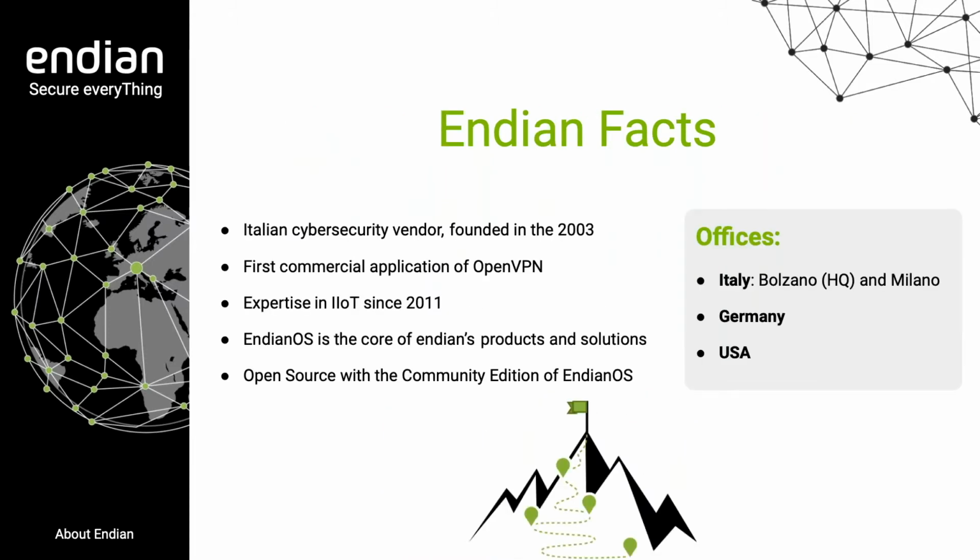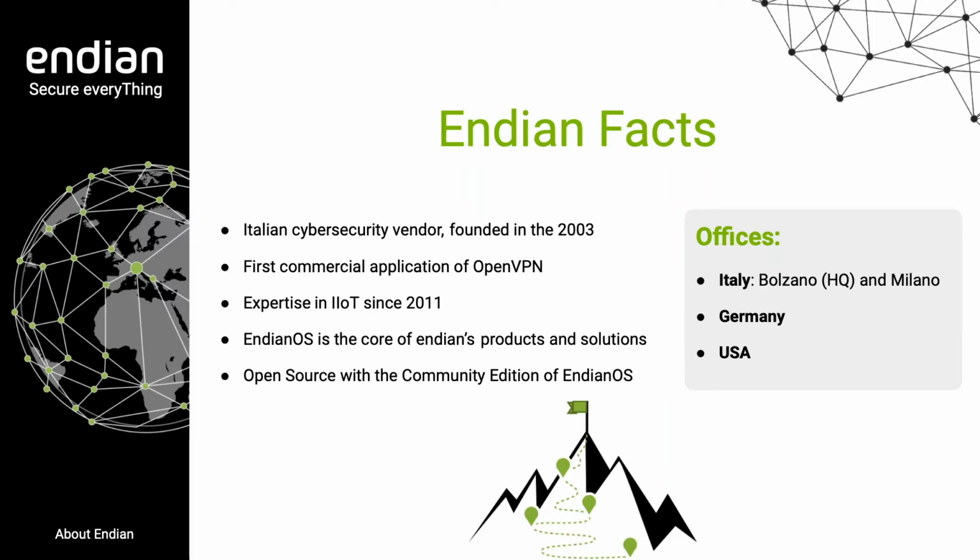So a little background fact information about Endian, the company. We are an Italian cybersecurity company, so we're based in Italy, founded all the way back in 2003. Believe it or not, we were the first commercial vendor to integrate OpenVPN into a commercial product.